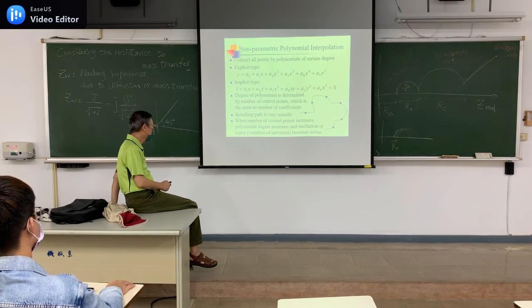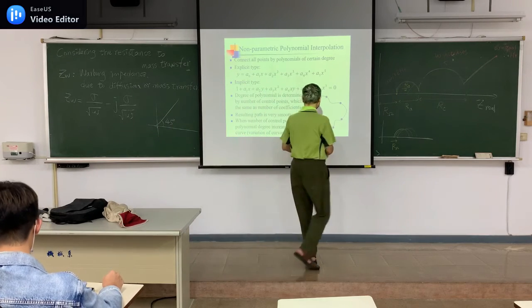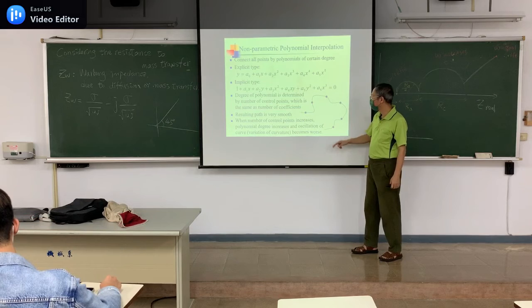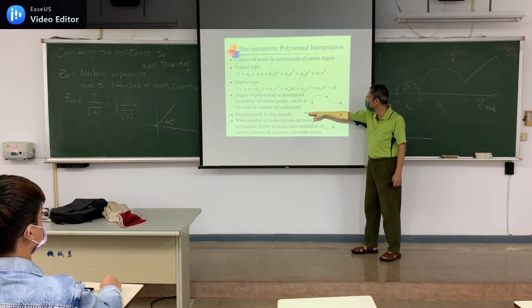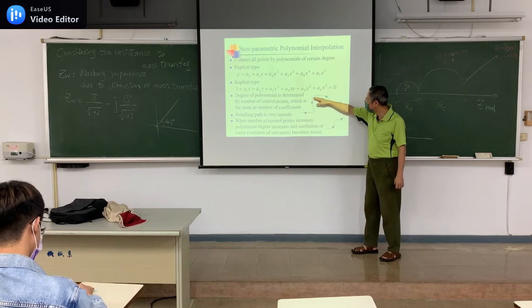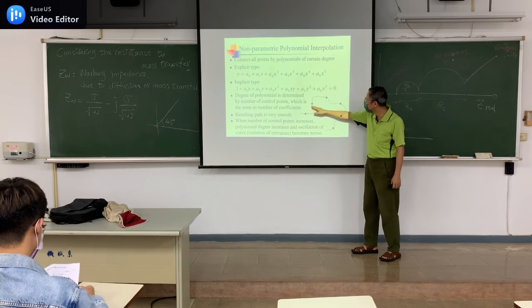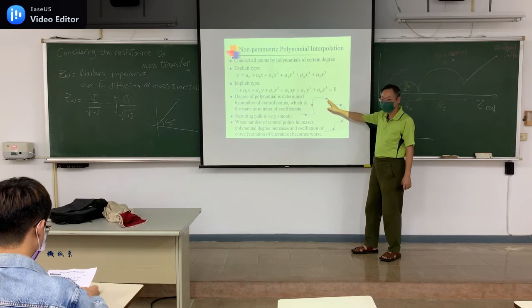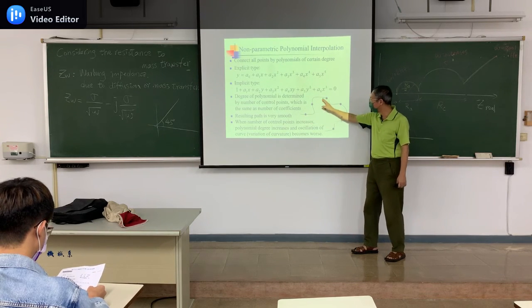The so-called acceleration of the curve is the variation of curvature, something like that. In order to pass through all the points, sometimes you need to have a curve like this. You cannot have a curve like this.